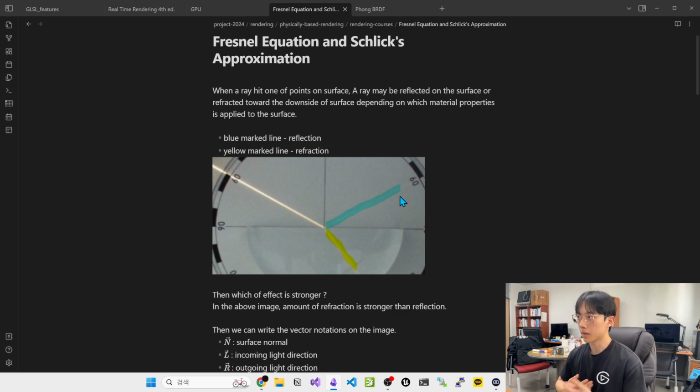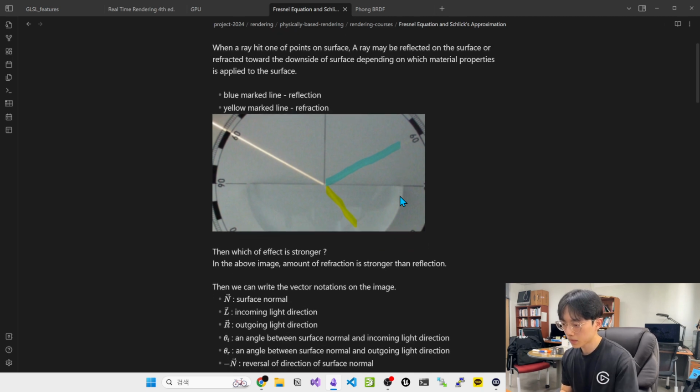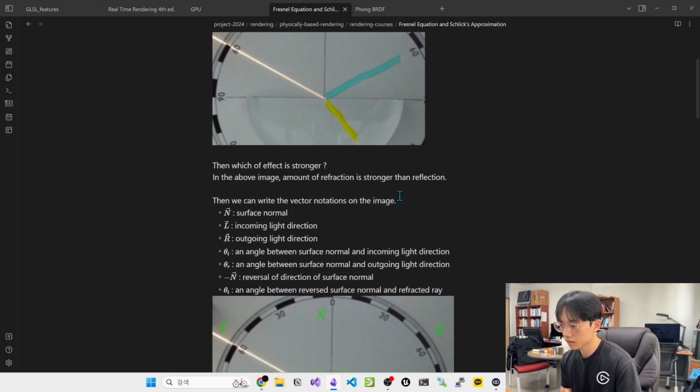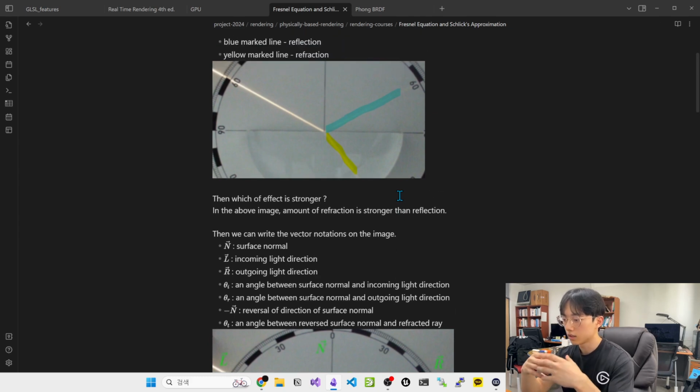Depending on the material properties of the surface, the ray may be wholly refracted into the surface, or wholly reflected on the surface, or a single ray may be separated into two parts, the refracted ray and the reflected ray. The amount of each part depends on the medium and the material properties.